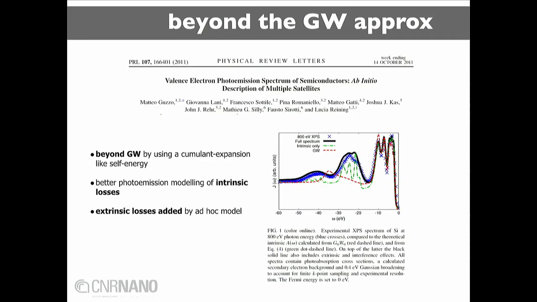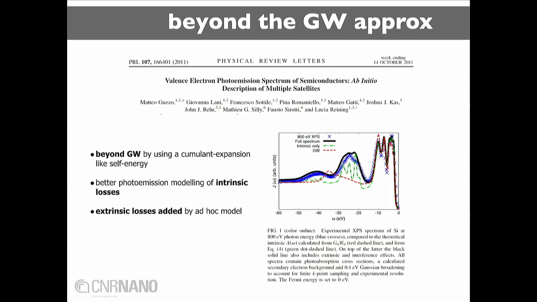And this is another very interesting work on satellites by the group of Lucia Reining that just compares with recent photoemission measurements on silicon in this case, and this red here would be the position of the GW satellites, which clearly you see doesn't match the photoemission position.